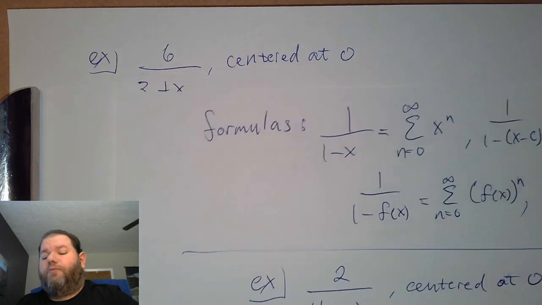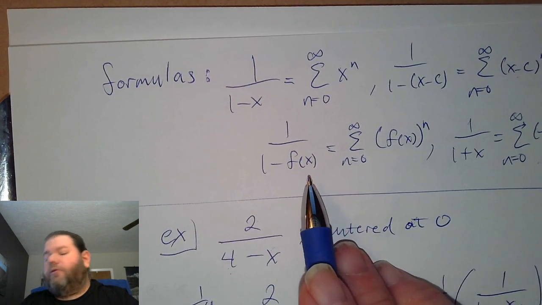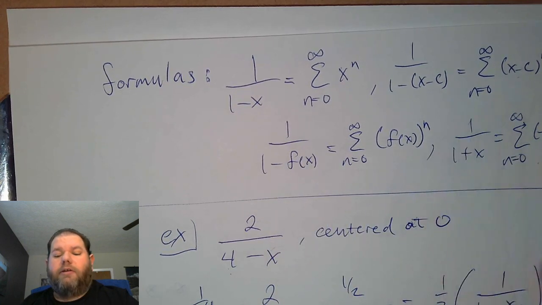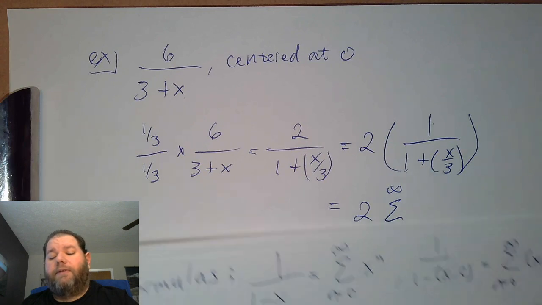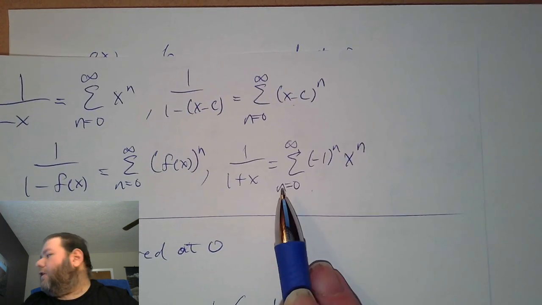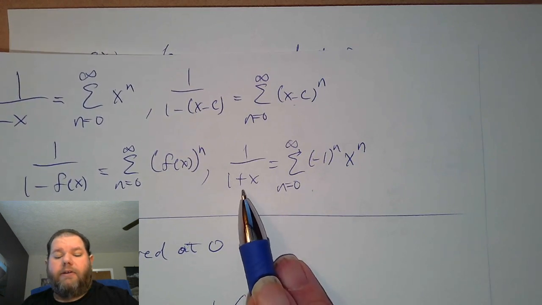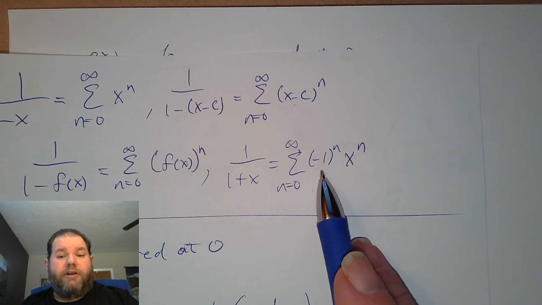Well, we know from here, this is our formulas again, 1 over 1 minus f of x is the sum of f of x to the n. So we've got x over 3 to the n, but the fact that it's a plus, that's where we bring this element in. If it's a plus x, or plus x minus c, we know it's going to be an alternating term also.